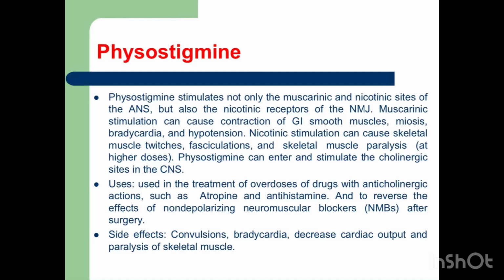Like I told you, it has CNS toxicity, so you'll see convulsions, seizures, nausea, vomiting, and various CNS side effects. Also, you see bradycardia and hypertension because of their binding to the M2 receptor. Due to their binding to the M3 receptor, you'll see salivation, lacrimation, and sweating. All these are side effects when you use Physostigmine.